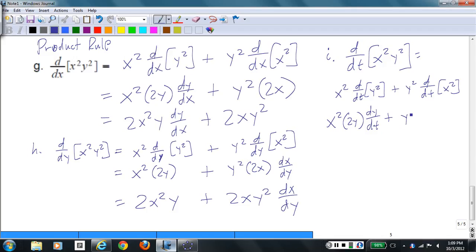And then y squared times the derivative of x squared with respect to t. It'll be 2x times the derivative of x with respect to t. And we write that dx dt. The variables don't match, so we have to multiply by that factor of dx dt in this case, or dy dt in that case. So 2x squared y dy dt plus 2xy squared dx dt.